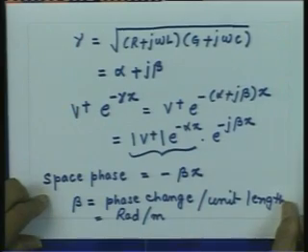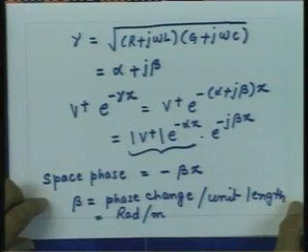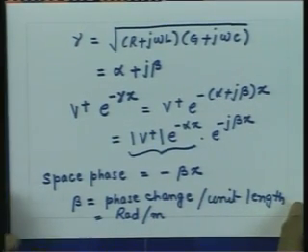As you know from our basic physics course, whenever there is a phase change of 2 pi in a wave motion, that distance is called the wavelength. That means this quantity beta, the phase change per unit length, also called the phase constant, is related to the wavelength of the wave on the transmission line.